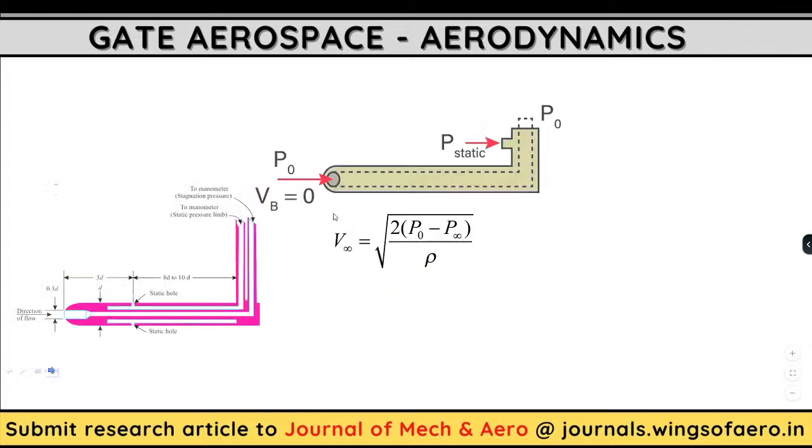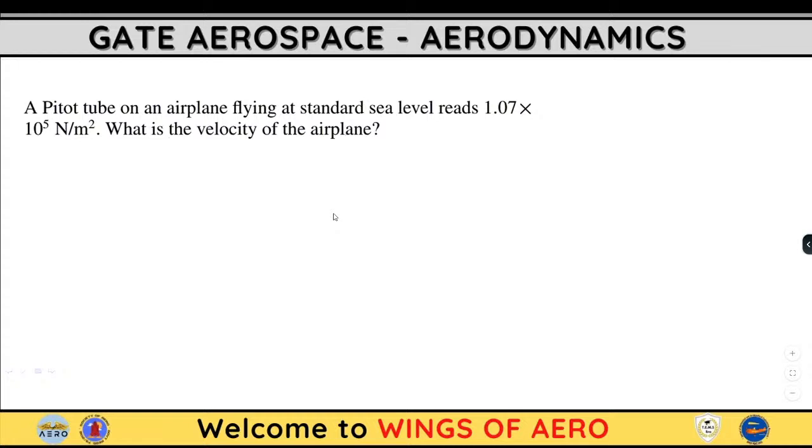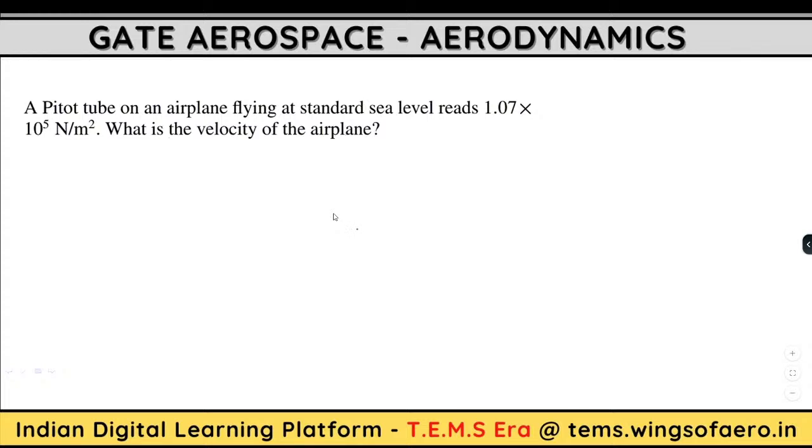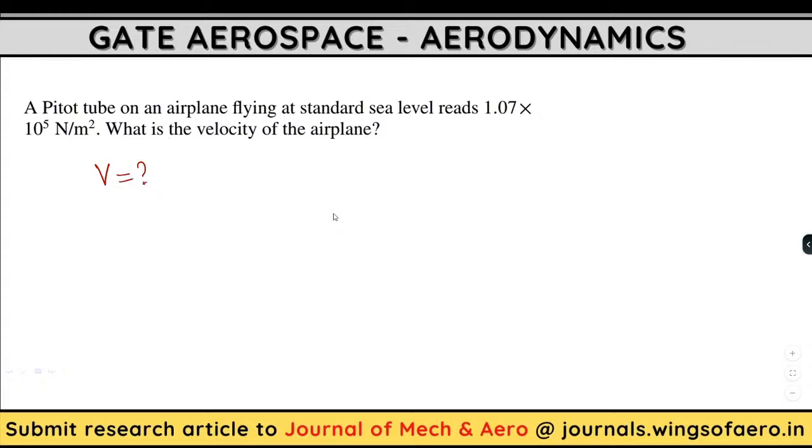As we have explained this, similar to that kind of problem, we have another one. A pitot tube on an airplane flying at standard sea level reading is 1.07 into 10 power 5 Newton per meter square. What is the velocity of the airplane? Now from here you have to find the velocity.